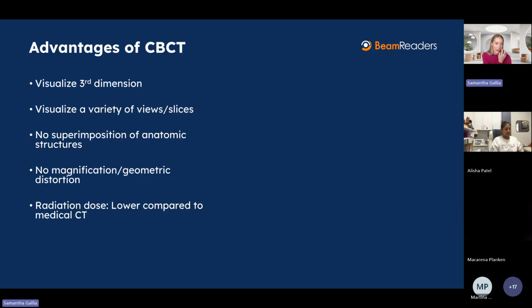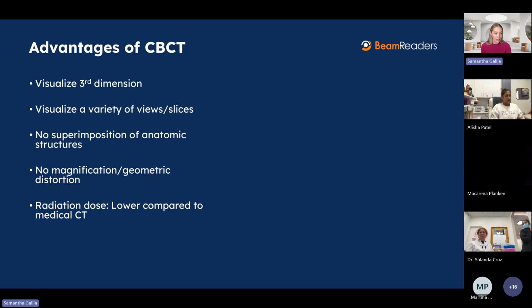All right, so moving on to advantages of CBCT. Obviously, visualizing it in the third dimension is a huge advantage, visualizing in a variety of the views and slices we talked about. There's no superimposition of anatomic structures like there is with panoramic imaging. So in a panoramic image, obviously you're looking at a 3D structure with 2D radiographs.